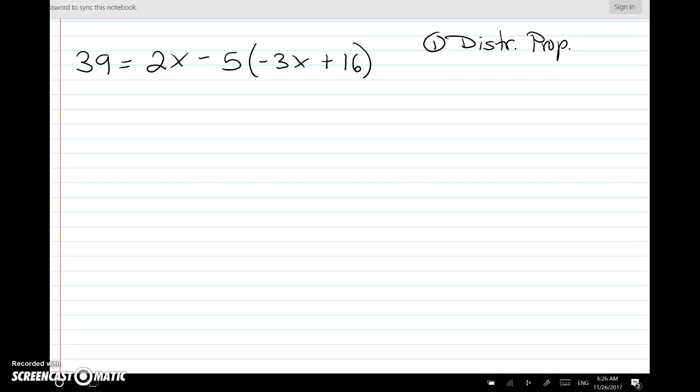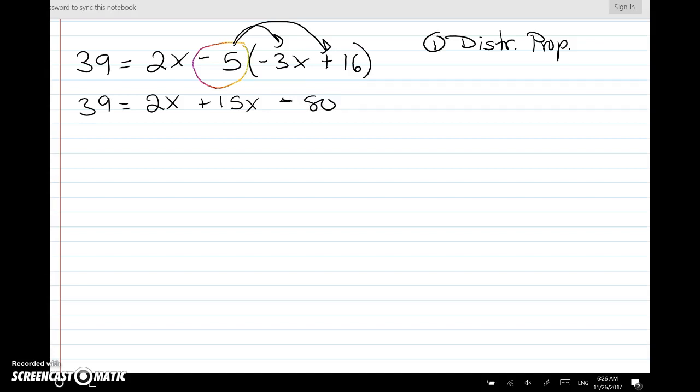Again, we're going to think of this as negative 5. So let's hand that negative 5 out to both terms. I have 39 equals 2x. I haven't done anything to the 2x yet. Negative 5 times negative 3x is positive 15x. Negative 5 times positive 16 is negative 80.